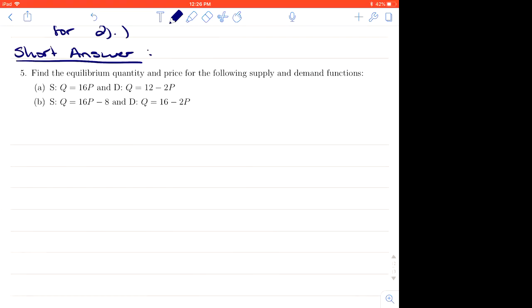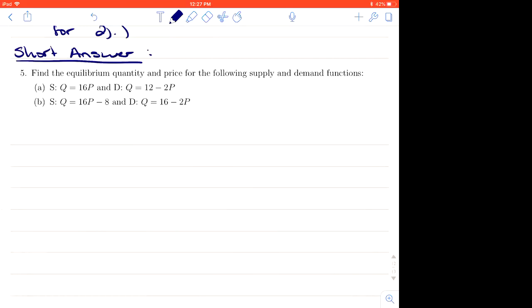So, supply and demand functions. Who knows what those things? We want to find the equilibrium quantity and price, right? So equilibrium is the point of intersection. What again? We just did, right? But a little bit easier because they're all in terms of Q. Q equals, Q equals, Q equals, Q equals.